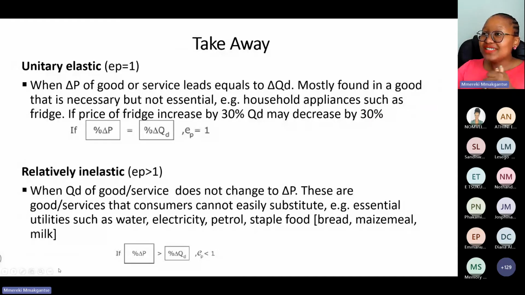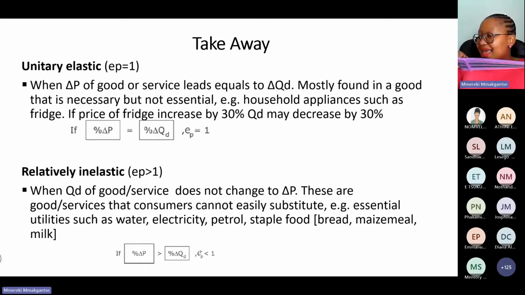Now, an example of unitary elastic is a fridge. If the price of a fridge increased by 30%, the quantity demanded may decrease by 30%. And the last one, relatively inelastic, in English, doesn't stretch.